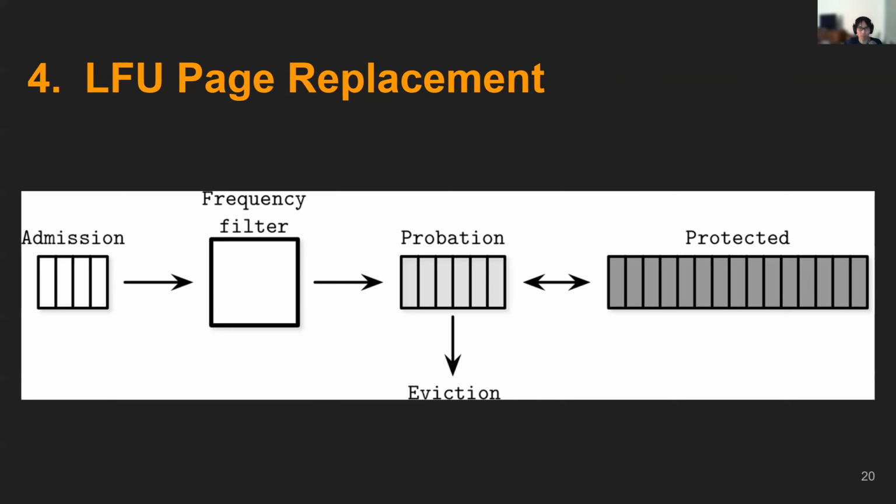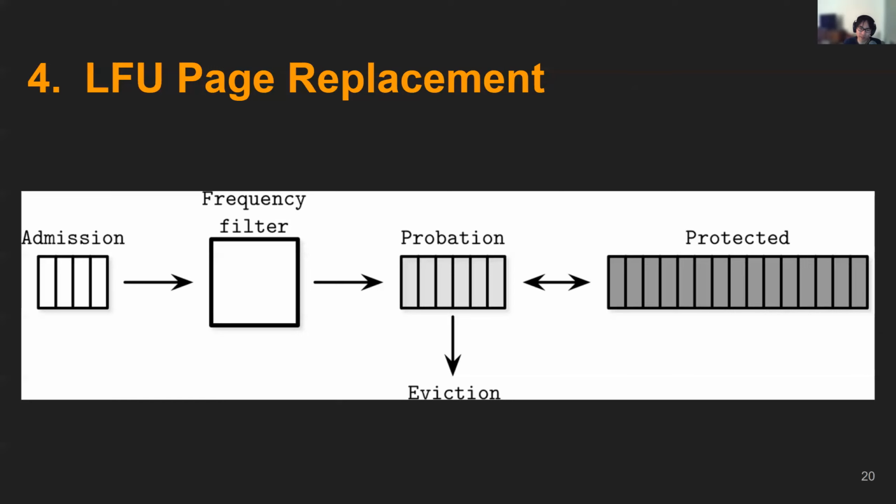So basically you have a counter in the page. Whenever you access it, you increment the counter. If you want to evict some page, you scan through all of the pages, find the smallest counter value, and evict that. So that's the high level of this algorithm.